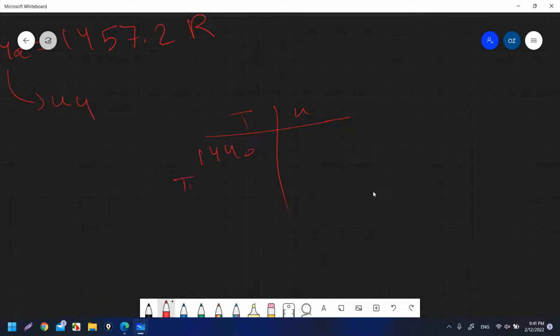At 1440, U is 254.66. At 1480, it is 262.44, and I need to find U4 at T4A equal to 1457.2.